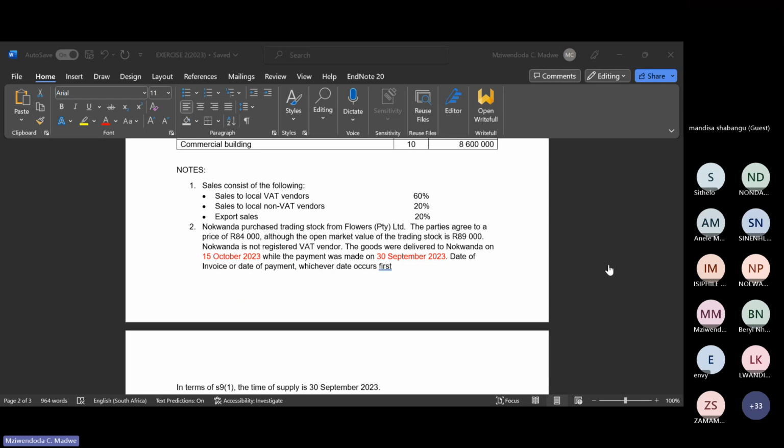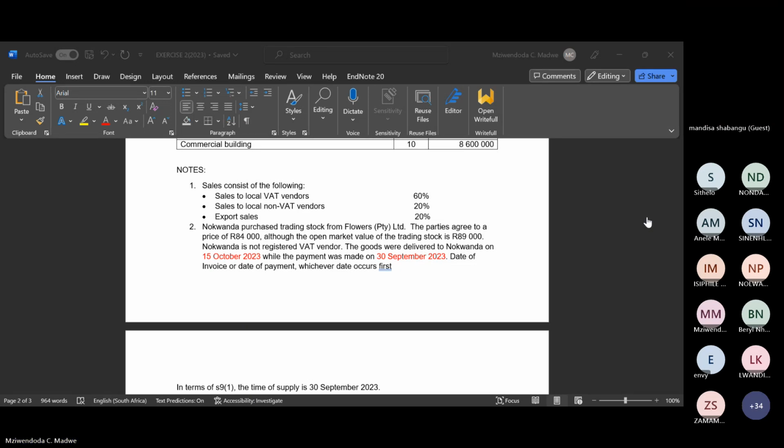Because section 9, subsection 2 is 15 October. Section 9, subsection 1 indicates that it is 30 September. So obviously we have 2 dates. Which date are we going to use between the two?